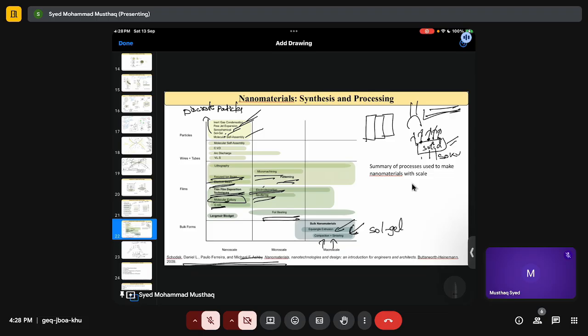You people have forgotten sol-gel. With sol-gel we can make discrete particles and porous 3D structures. Please do not forget this.